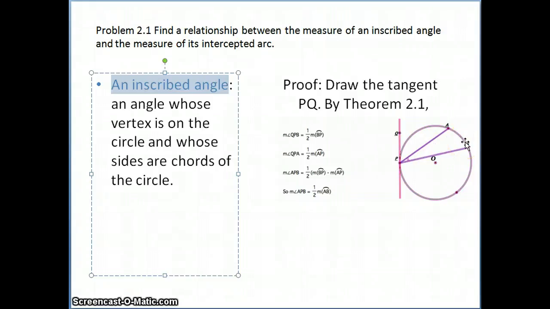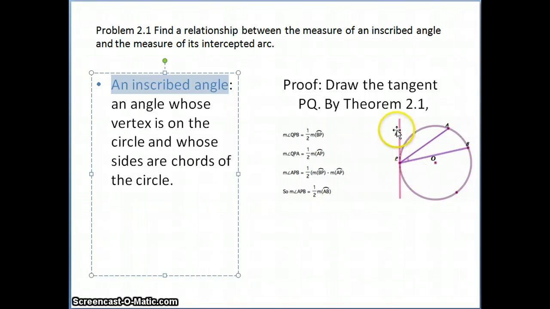And we want to prove the relationship between the measure of this inscribed angle and the measure of the intercepted arc, which is this arc AB.